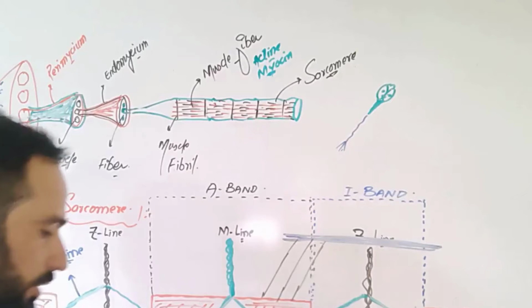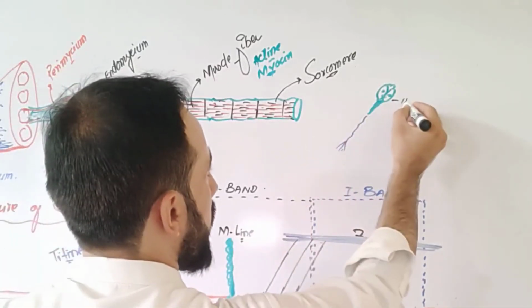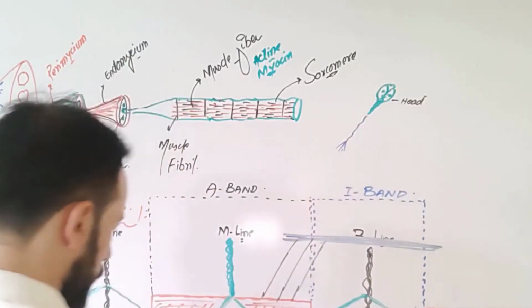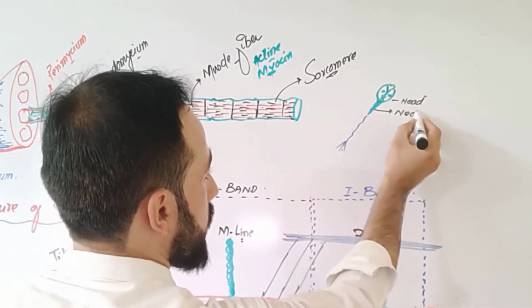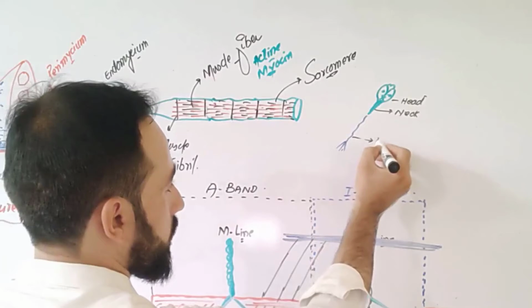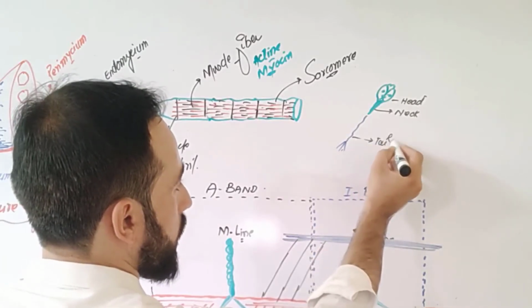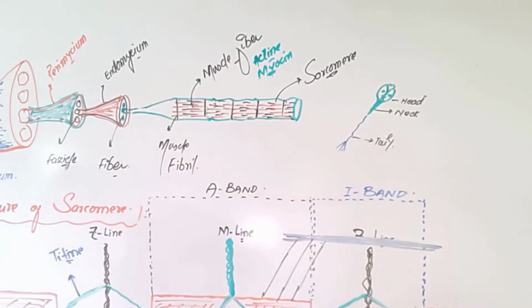So this is one myosin protein. This is the head area. The head is towards the thick filament, and this is the neck of it, which contains enzymes and other things, and this is the tail of the myosin filament, right, my friends?